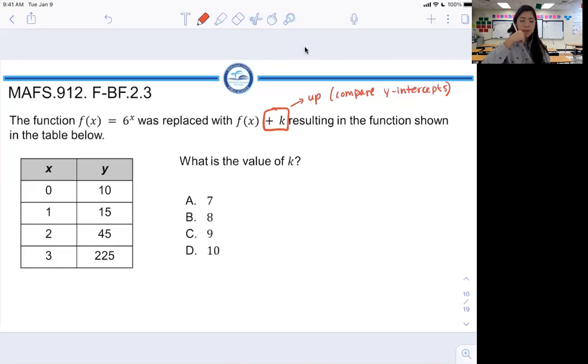This is not a trick question. What is the y-intercept of the table? Yeah, 10. How do I know? What do you always look for? Good, Jalen, when x equals 0. Okay, so I know this is my y-intercept.